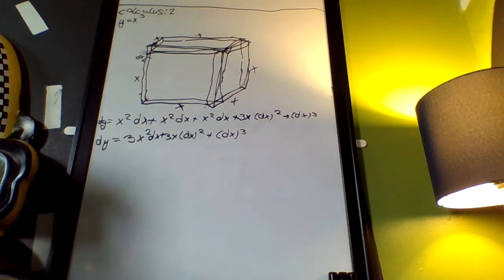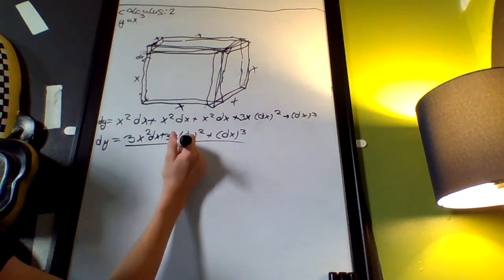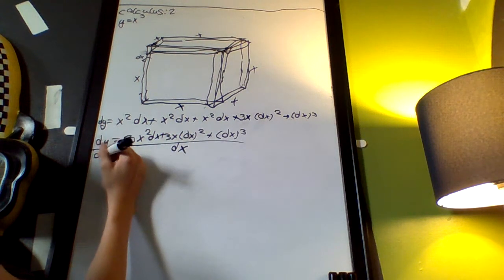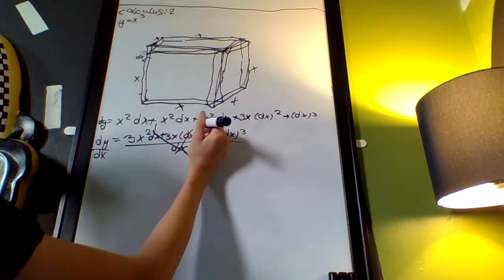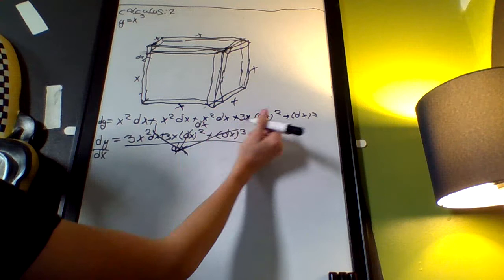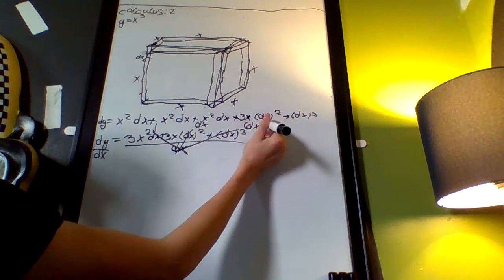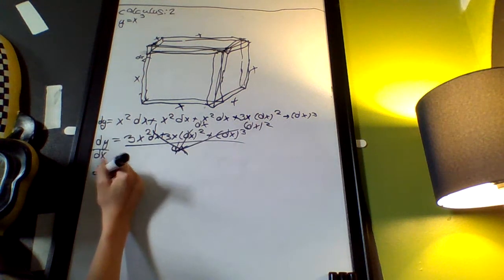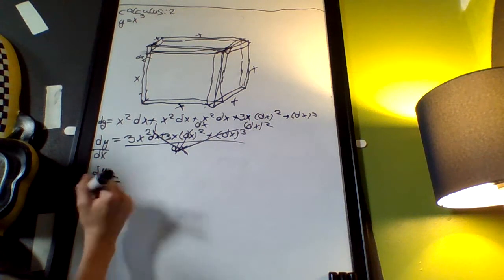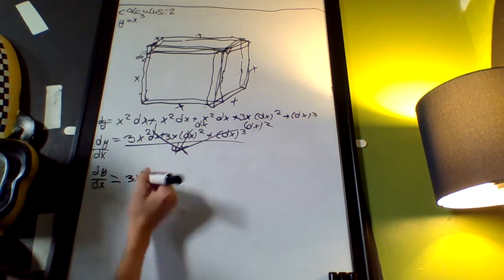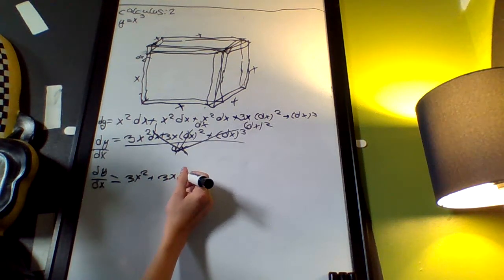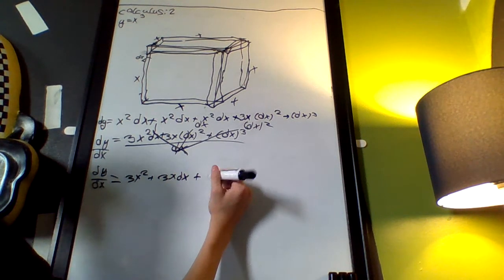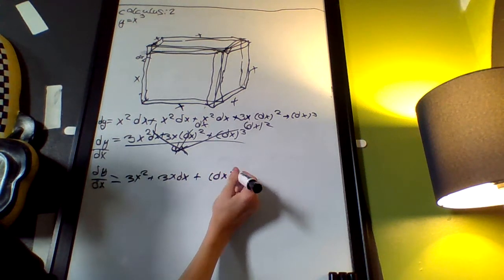Okay. Now let's divide by dx on both sides. That becomes 1, that becomes a dx, that becomes a dx squared. Now I have dy/dx equals 3x squared times 1, which is 3x squared, plus 3x dx plus dx squared.